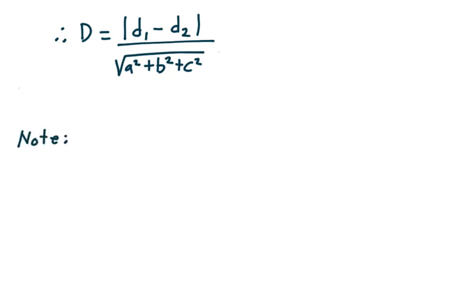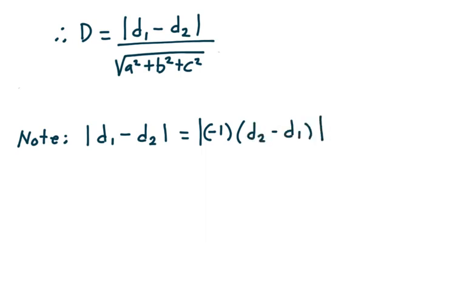And I want you guys to keep in mind something. If I take the absolute value of D sub 1 minus D sub 2, now let's factor out a negative 1 inside the absolute value. But that means I'm multiplying by D sub 2 minus D sub 1, okay? But this is the absolute value of negative 1 times the absolute value of D sub 2 minus D sub 1.